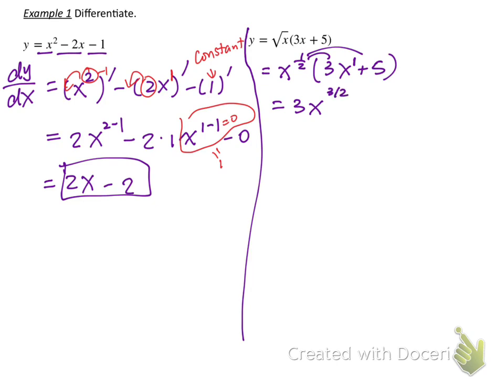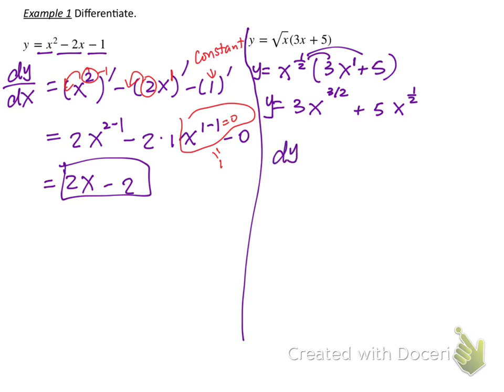So 1/2 plus 1 give you 3/2 plus 5x to 1/2 power. Notice this is y, okay? I did not differentiate yet. I'm preparing my original function to a polynomial-like form so that I don't need to do the product rule. I do pretty much polynomial.